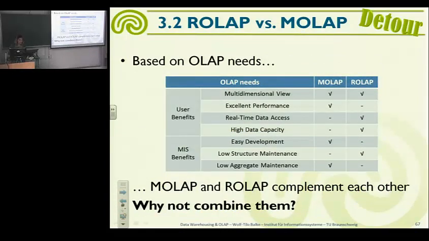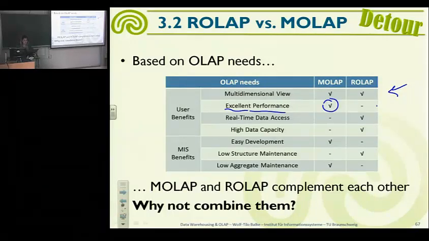If you want to compare both ROLAP and MOLAP together, in terms of multidimensional view, you always get this at the client end. You get the multidimensional view. You get these cubes. That's no problem. In terms of performance, MOLAP is better than ROLAP unless you employ some indices, and then you can get the same performance, because in the MOLAP the aggregates are all there already.